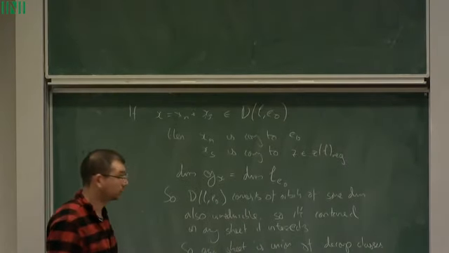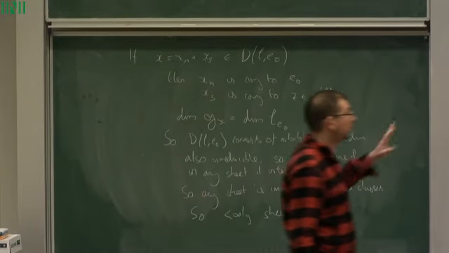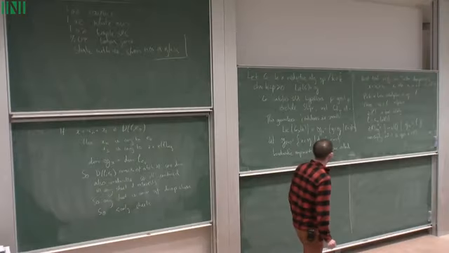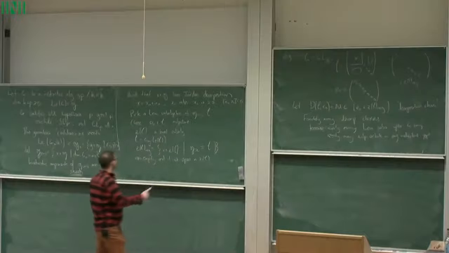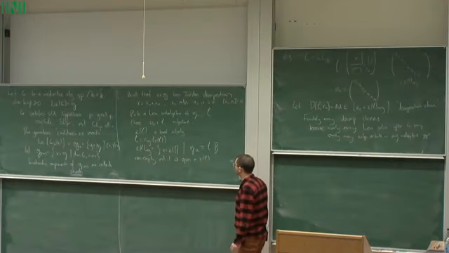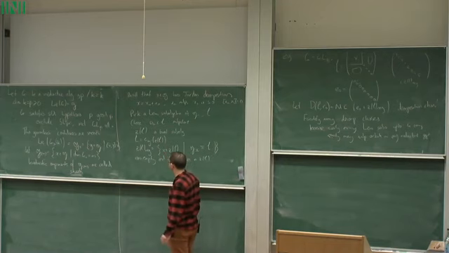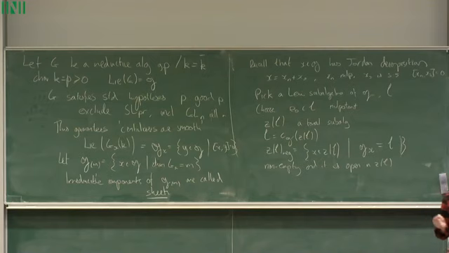In fact, that's true in bad characteristic as well. One can make all these definitions as usual. The bit that falls down is here, that you don't necessarily find that a Levi subgroup is the centralizer of its own center. So in bad characteristic, you can get what are called pseudo-Levis turning up.